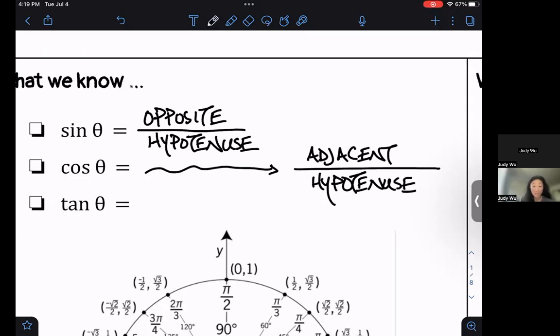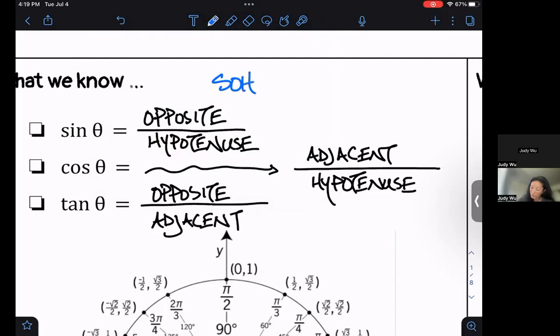Lastly, tangent is also a ratio of two sides in a right triangle, and the tangent is actually the ratio of the opposite over the adjacent. We might remember these from our chapter 5 review that we call SOHCAHTOA, as a way of remembering what those ratios are.